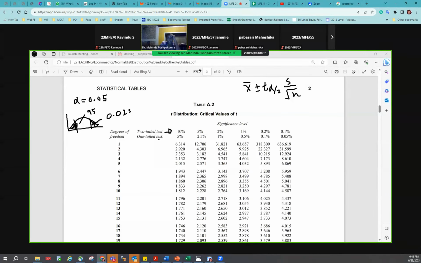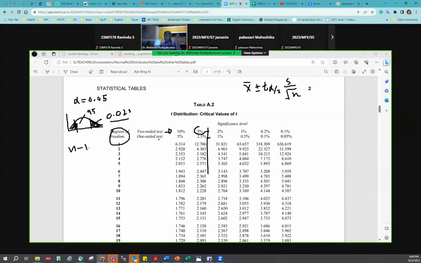What is the rationale of this? In confidence interval estimation, if you consider one tail, it is 0.025; if you consider both tails, it is 5%. 95% confidence level means the values in this range. Then here are the degrees of freedom. In this example, degrees of freedom is n minus 1.